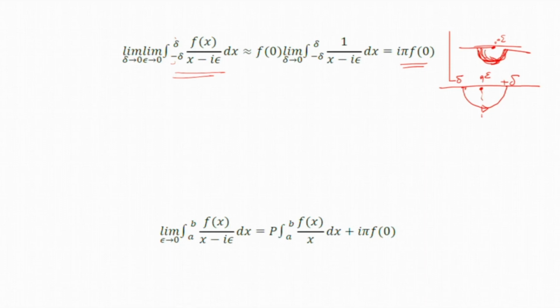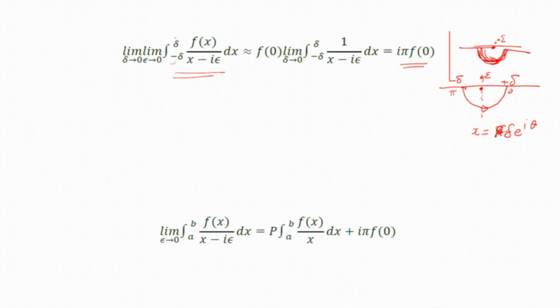Now, x is a complex number, so we write x as delta e to the power i theta. Delta is the radius and theta varies from 0 to pi. Basically I am going from the bottom, pi to 0.